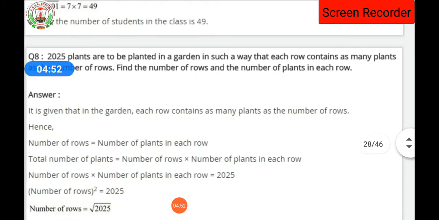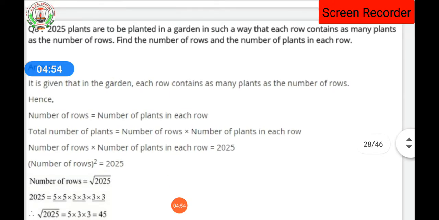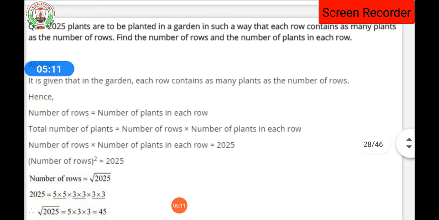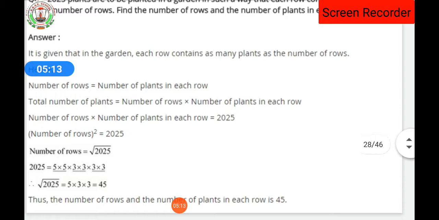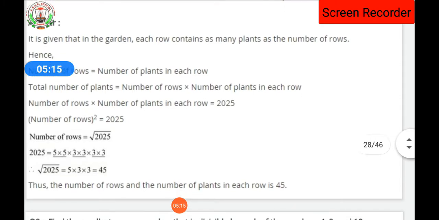Understood? So here we are going to find the square root of the number 2025. It is given that in the garden each row contains as many plants as the number of rows, hence the number of rows and the number of plants in each row will be equal. Thus the total number of plants will be equal to the number of rows into the number of plants in each row. Hence we are going to find the square root of 2025.